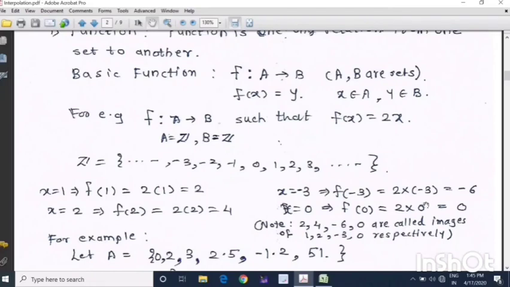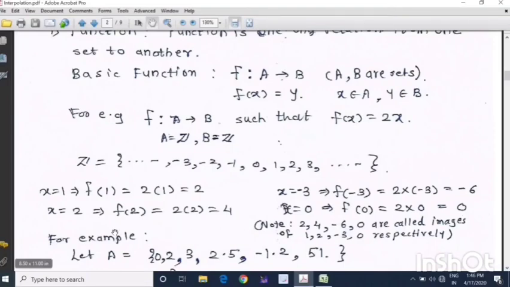So here the answer is 2 into minus 3. When we multiply one positive number and one negative number, we always get a negative number. So the answer is minus 6. Next value we have taken x equals 0. Putting x equals 0 in this formula, f of 0 equals 2 into 0, which is 0.